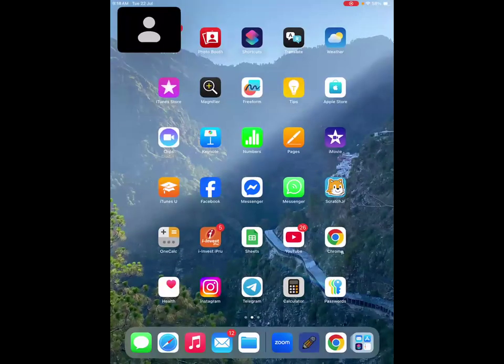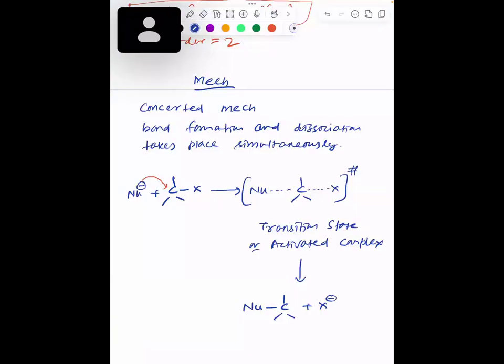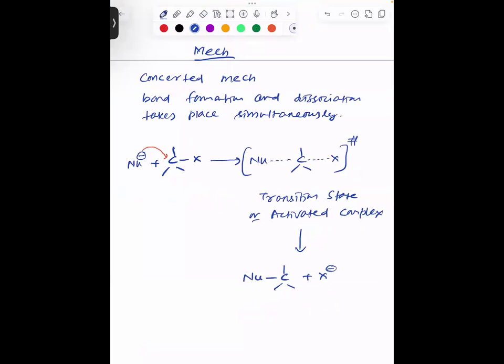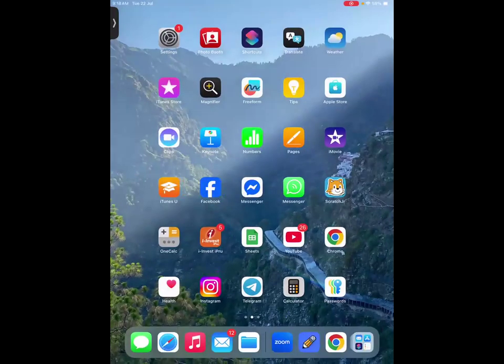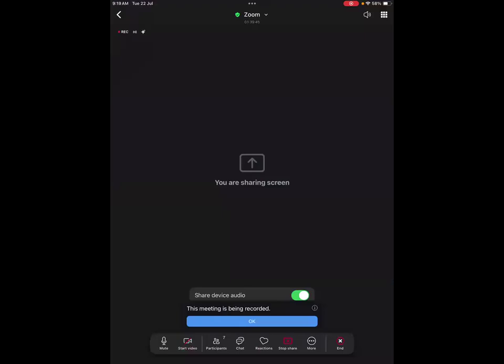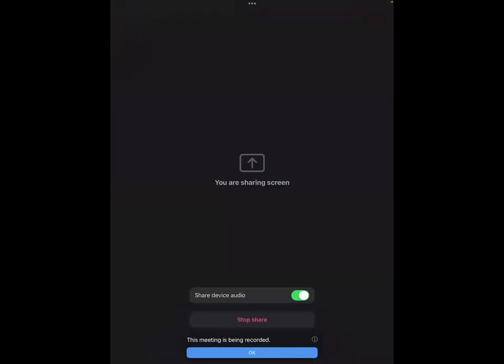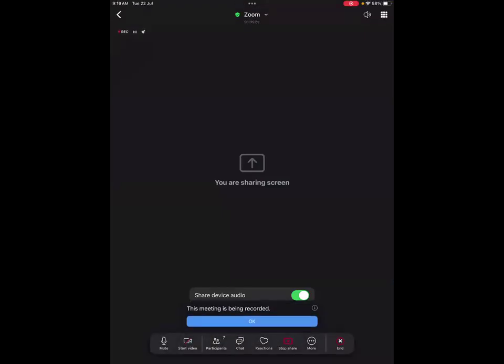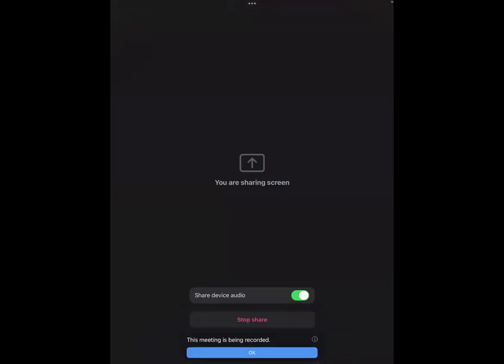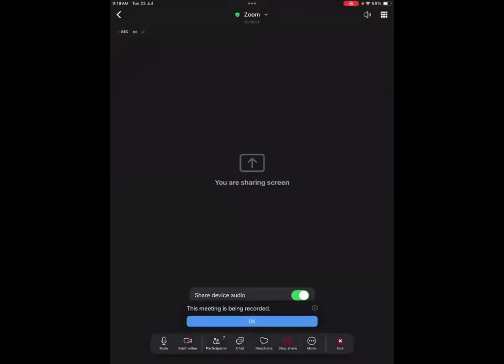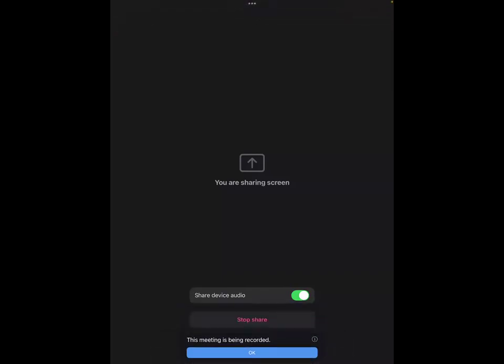Can anyone write in the chat box whether the voice and the screen both are clear or not? Voice is clear. And screen is clear.